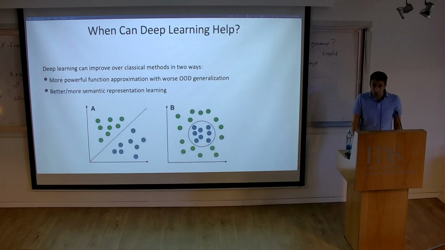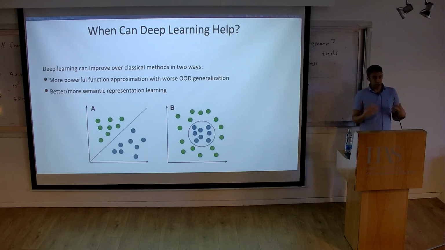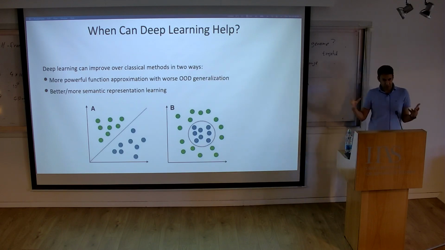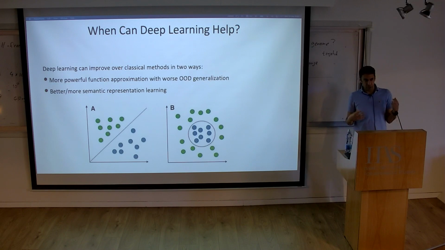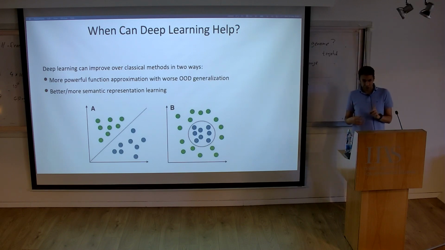Okay, so how can deep learning actually help to do better anomaly detection? At least from my perspective, there are two main ways in which we can leverage deep learning in order to perform better anomaly detection. The first way is to use it as a more powerful function approximator. Because it's more powerful than the linear functions that we've used before, it's going to be useful to us in some way, and I'm going to give an example in which we use this ability to perform better anomaly detection.